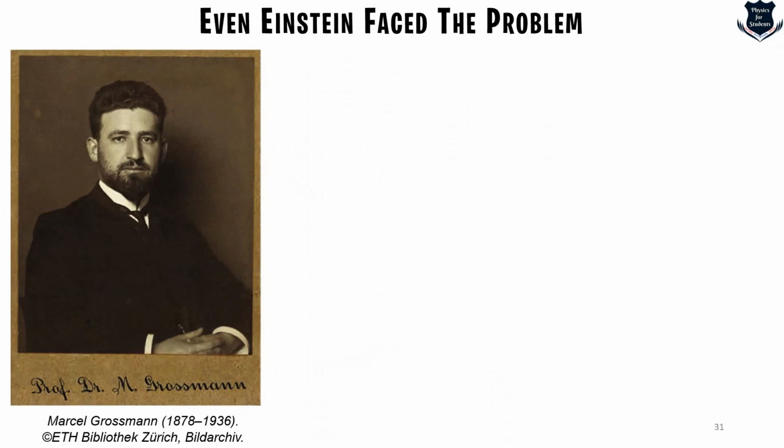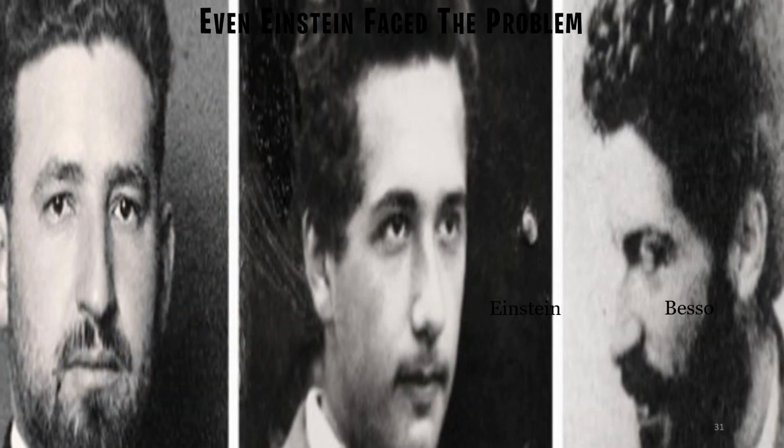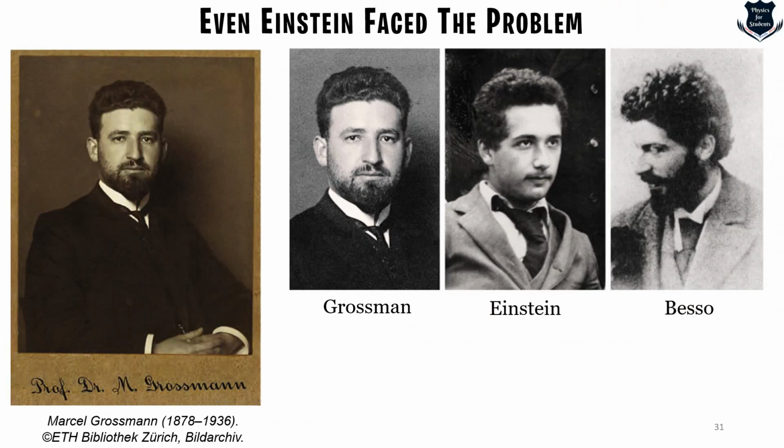Now you see that it was Marcel Grossmann who was Einstein's classmate and a close friend at the Swiss Federal Institute of Technology in Zurich. Grossmann was a talented mathematician, and I have spoken a lot about Grossmann in my earlier video on tensors part 1, and he played a crucial role in helping Einstein learn about differential geometry. So here you see the three musketeers, Grossmann, Einstein and Bezout, and Grossmann introduced Einstein to the other works of differential geometry.